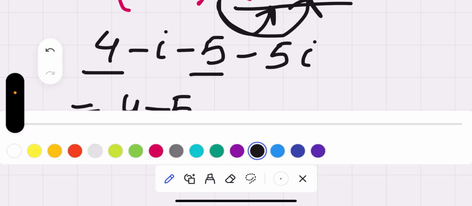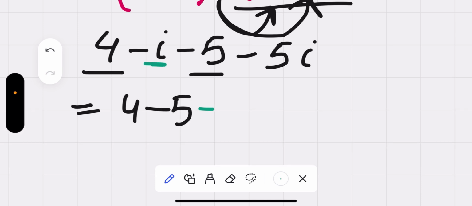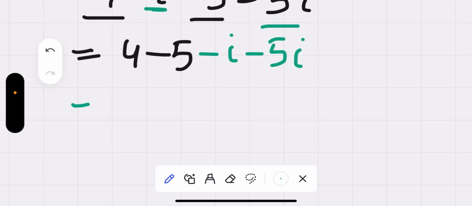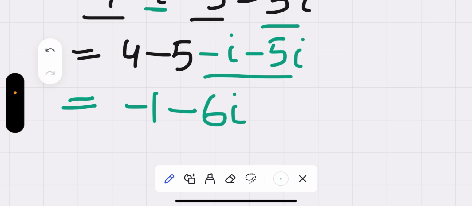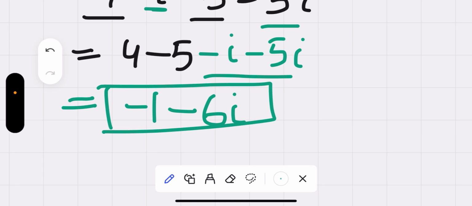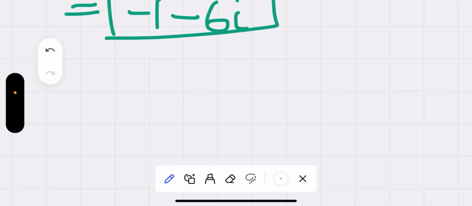And next we have imaginary parts, negative iota and negative 5 iota, so 4 minus 5 is minus 1, and minus iota and minus 5 iota is minus 6 iota. Okay, this is the answer, because it's simplified and we cannot simplify anymore.